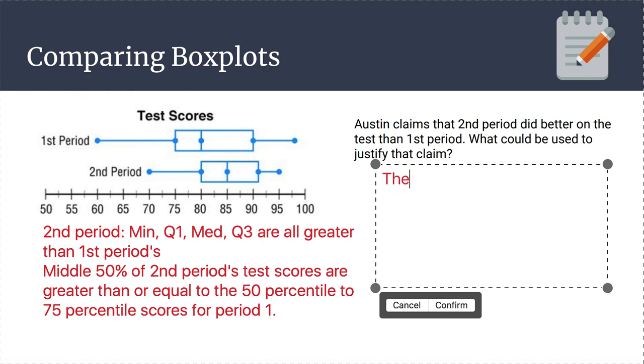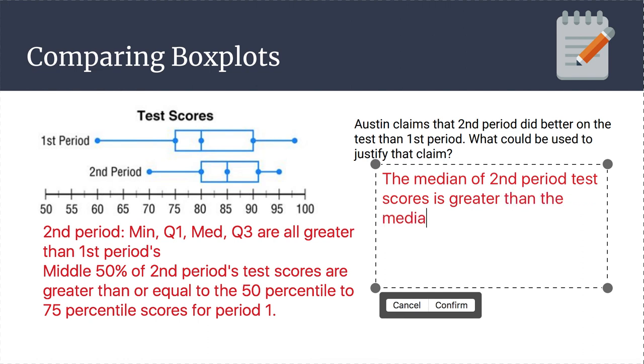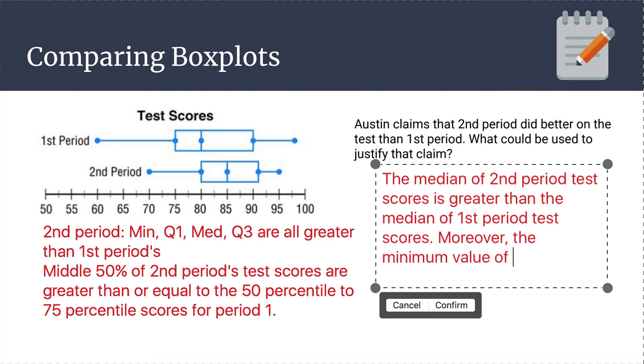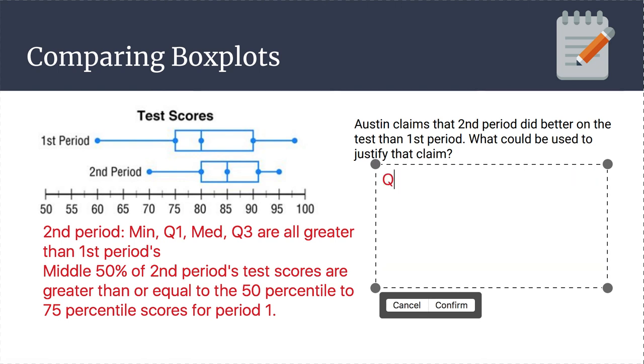I would start by saying the median of second period test scores is greater than the median of first period test scores. Moreover, the minimum value, quartile 1 and quartile 1.